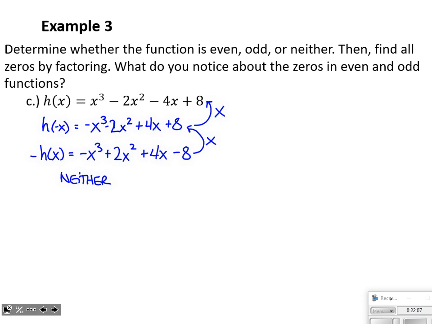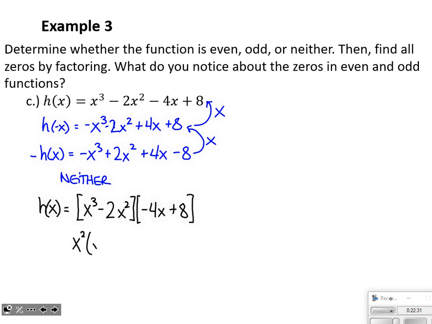If I factor by grouping, I will group the x to the third minus 2x squared. Again, that's my only hope for a four-term polynomial. I got a negative 4x term and a positive 8. Out of the first grouping, I can take out an x squared. Out of the second grouping, I can take out a negative 4, and notice that leaves behind matching parentheses. Since we're finding zeros, I'll set it equal to 0.